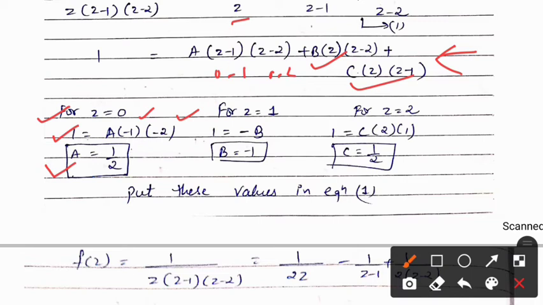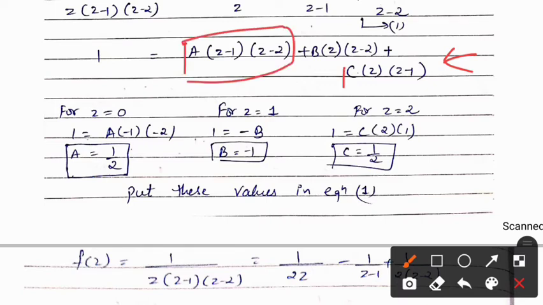Next, I will put z equal to 1. How do we know this? In the denominator portion, we have z minus 1, so I will put the value as 1. If I put z equal to 1 in this equation, you can see the first and the last parts will be 0, so I will just get the value of b over here.